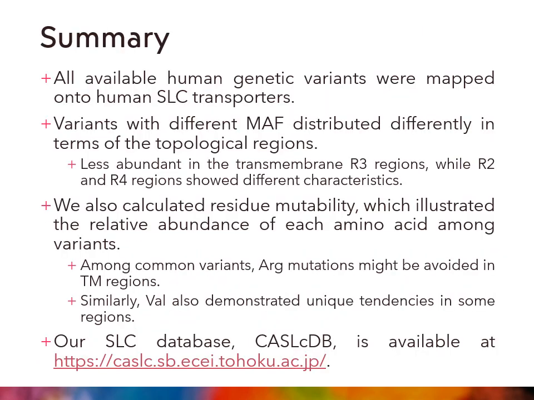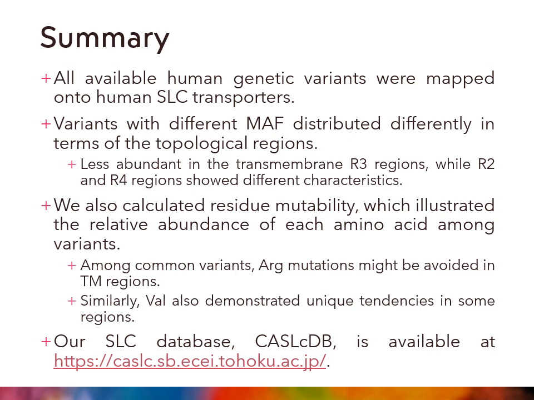In summary, we mapped all available human genetic variation to human SLC transporters and found that variant with a different minor allele frequency distributed differently in terms of the 5 topological regions. For example, transmembrane R3 regions do not have many genetic variants, and also the R2 and R4 are both marginal regions but have a different trend.